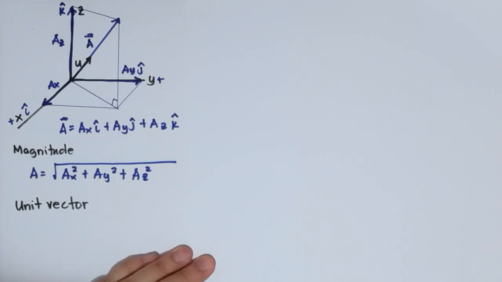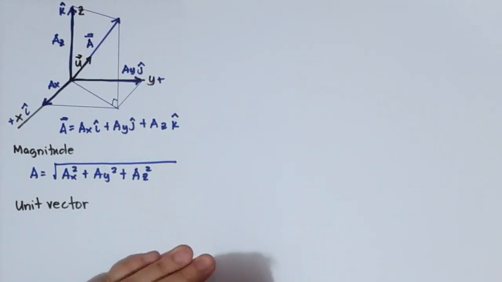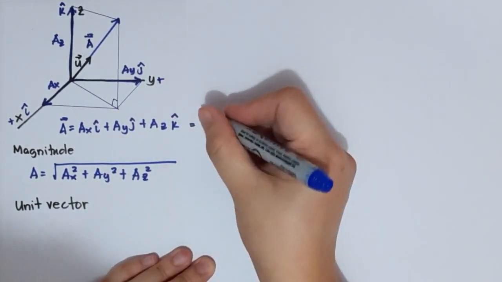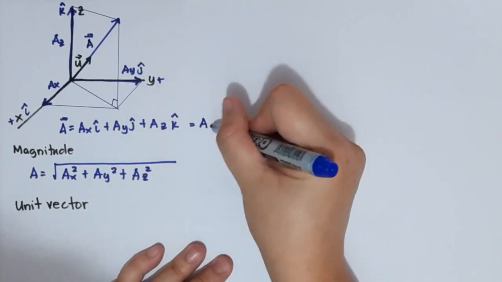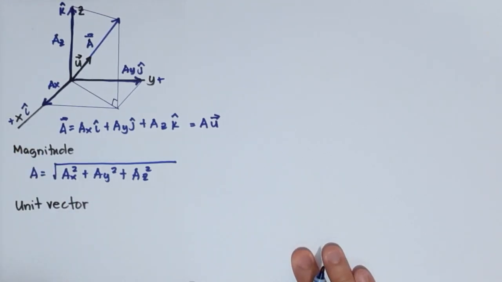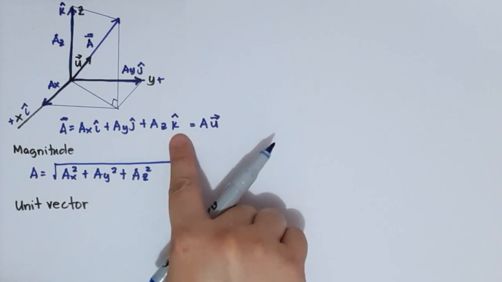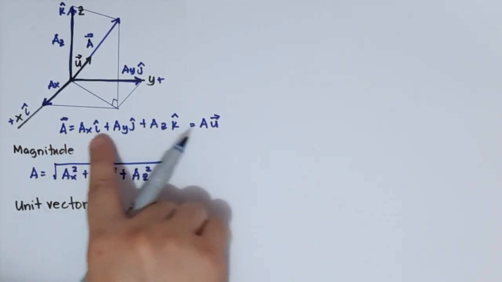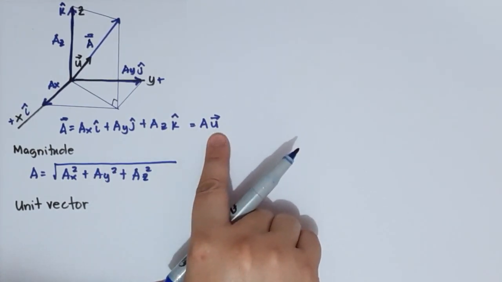Since my unit vector is in the same direction as my vector A, from this I can generalize that A can be written as the magnitude times the unit vector of A. So A can either be written as a Cartesian vector, or as the magnitude of A times the unit vector.